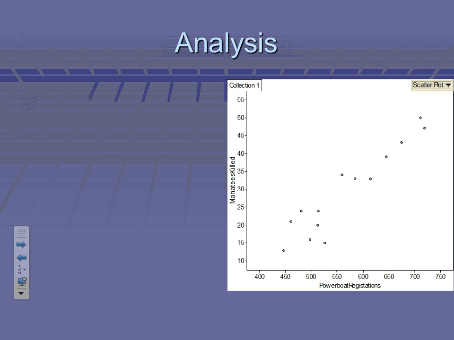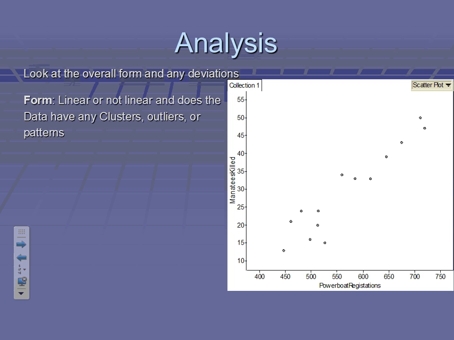As we look at this in terms of analysis, what we want to do is look at the overall form and the deviations within the data. So the first thing to look at: is it linear, is it not? Could you feel pretty good about drawing a line through that? If you see anything that jumps out at you, like a deviation or maybe an outlier, this is a good place to put it.